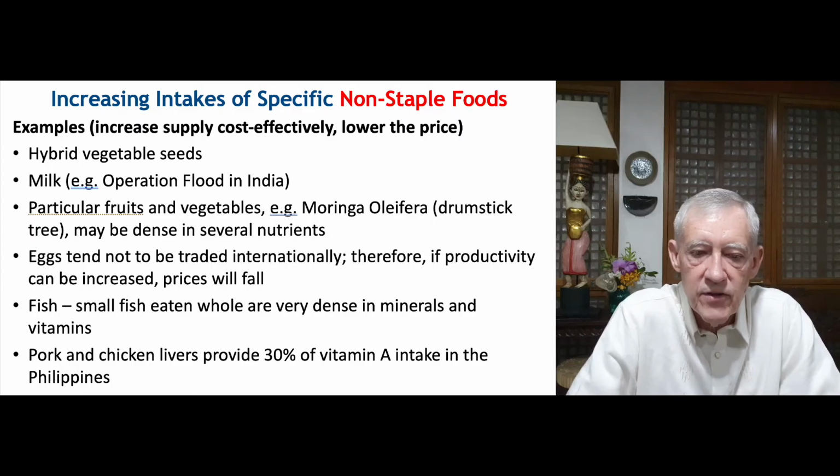Some examples of foods that are highly nutritious but whose consumption may be blocked by high price and low income are specific vegetables and fruits, milk, eggs, and animal livers. Lower the price of any of these foods and consumers will eat larger quantities. A perfect example is provided by the work of 2019 World Food Prize laureate Simon Groot.